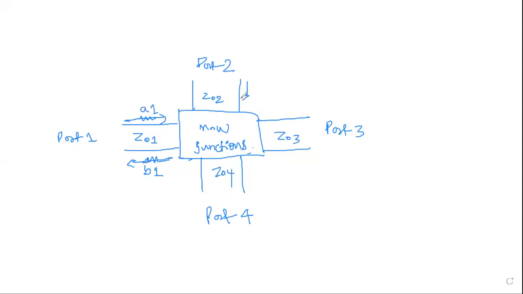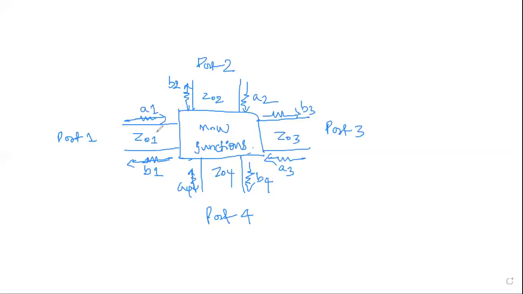Port 2 will have the input coming, that is A2, and the reflected one, which is B2. For port 3, A3 will be entering and the reflecting one is B3. Again, A4 will be entering and B4 will be reflecting. So here you are considering an interconnection of 4 waveguides, which will form a microwave junction.